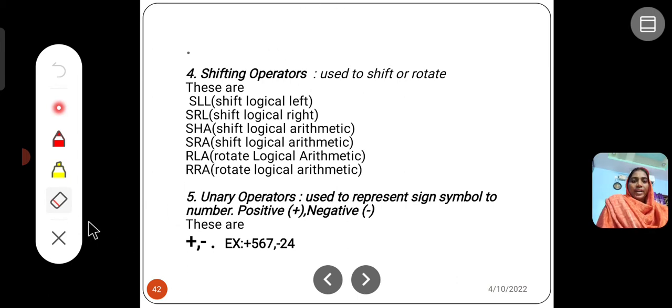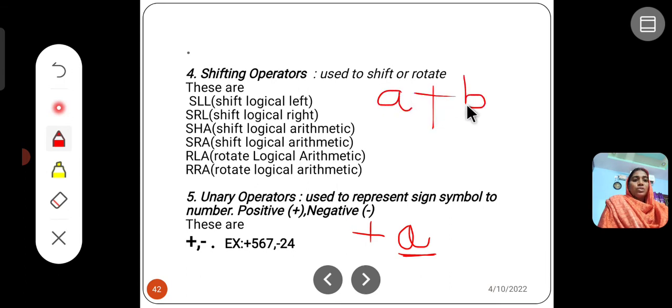The next operators are unary operators. These are used to represent a sign symbol. Here also we use plus, but in addition it will add A plus B. Here we use only one operand. So this is an example: plus A. For addition we have to use A plus B, where we have two operands.